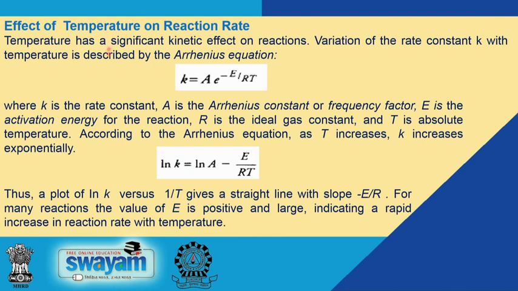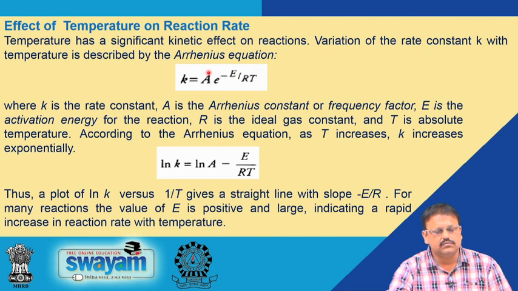Temperature also affects chemical kinetics, but biological reactions are also very much affected by temperature, not only from the rate constant point of view but also for microbial growth, as microbes show their maximum activity only in a very narrow range of temperature.